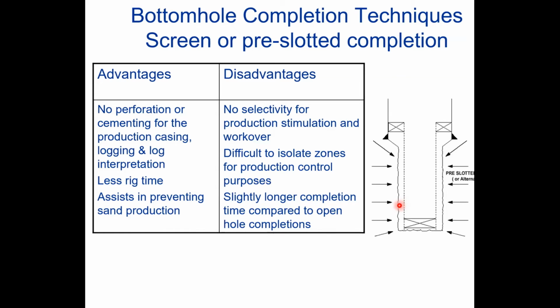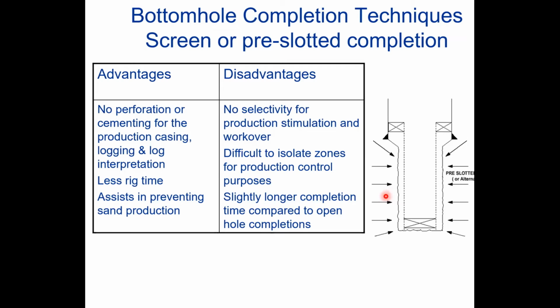Another option is to use a screen. That to some extent reduces the chances of sand production. Because as you produce, the sand can be produced, and sand is dangerous because it can cause erosion.